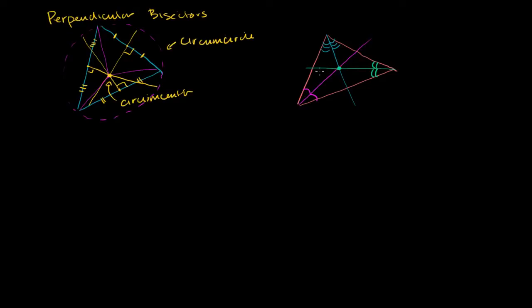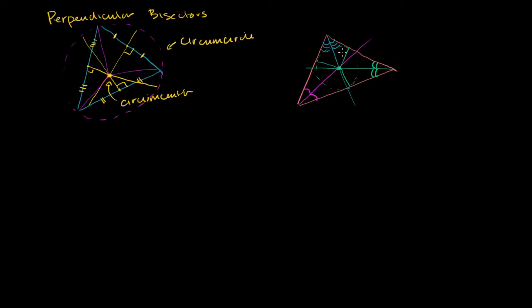And this point, instead of being equidistant from the vertices, this point is equidistant from the sides of the triangle. So if you dropped a perpendicular to each of the sides, this distance is going to be equal to that distance, which is going to be equal to that distance. And because of that, we can draw a circle that is tangent to the sides, that has this radius. We could draw a circle that looks like this.